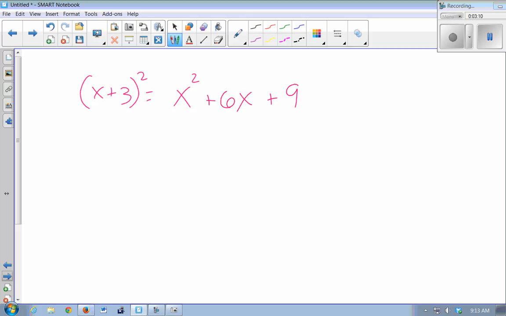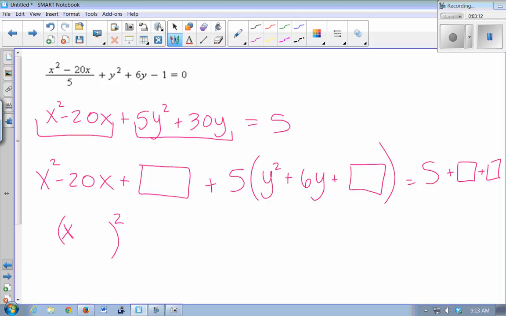Okay. So if double the product of x and whatever number goes here is 20, what number has to go here? 10, right? If you take 10x and double it, you get 20x, right? And then when you square the 10, you get the 100.